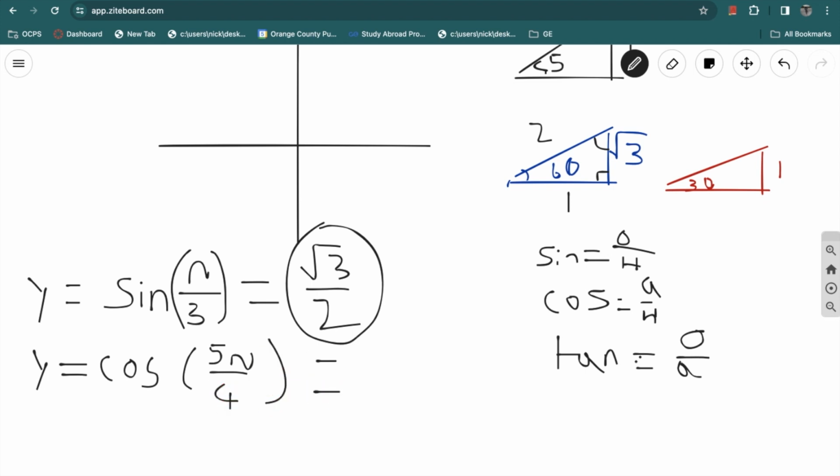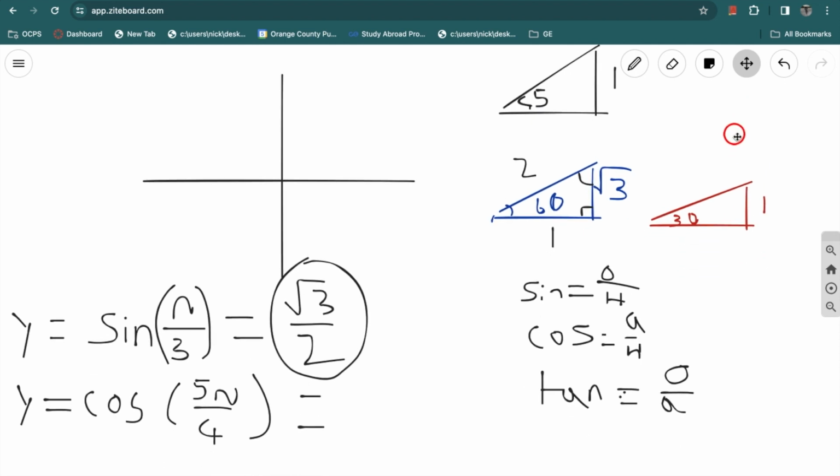This is where you gotta know your ratios and your angles at all 4 quadrants. So cosine 5 pi over 4. We know it's over 4, so it's gotta be a 45-degree angle, which we have here.